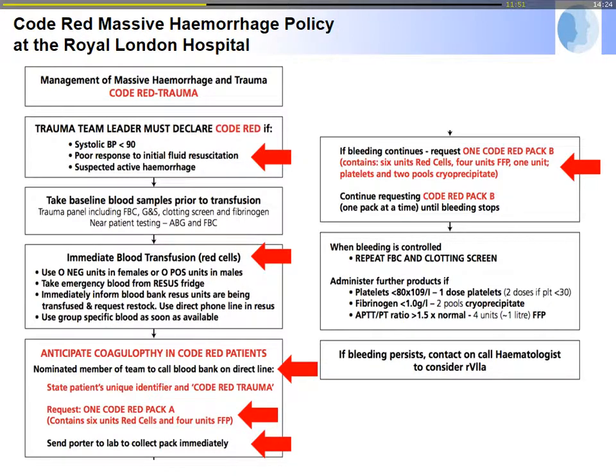It's also very important to think about blood delivery, because it's important to have blood products quickly and not to wait for them. This has to be established in your institution, and it's very important to work with your blood bank to make this very smooth.